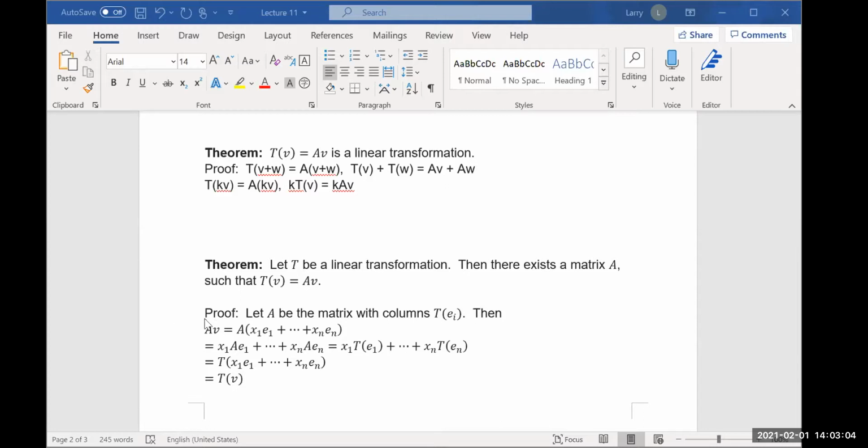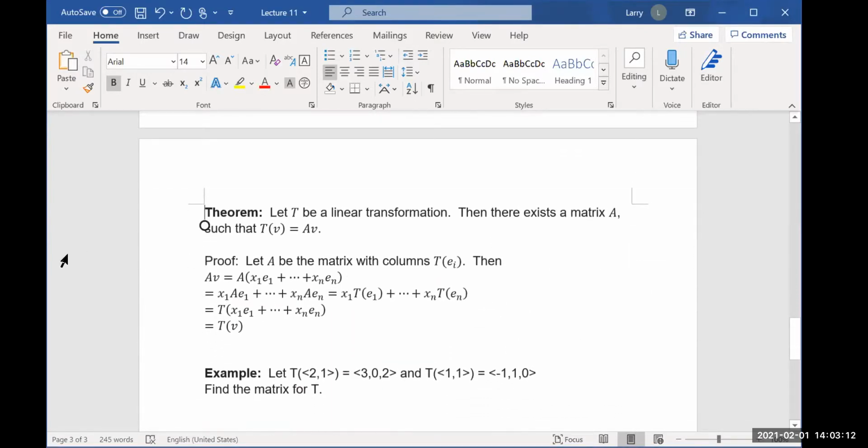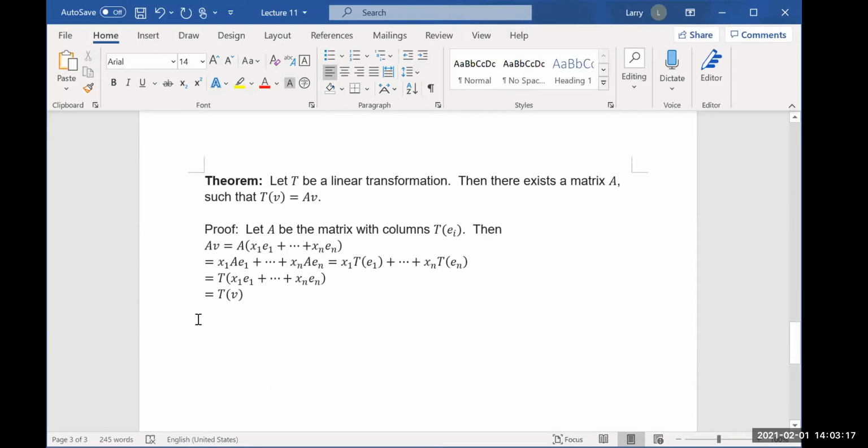Maybe I'll give you an example because it's kind of messy to look at, and then you see an example and you can say, of course. So let's do an example of doing what I'm doing in this proof. So let's suppose we have (3, 5, 1). Well, I can rewrite that as 3 times (1, 0, 0) plus 5 times (0, 1, 0) plus 1 times (0, 0, 1).